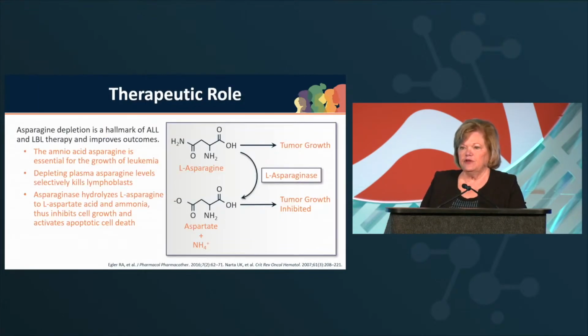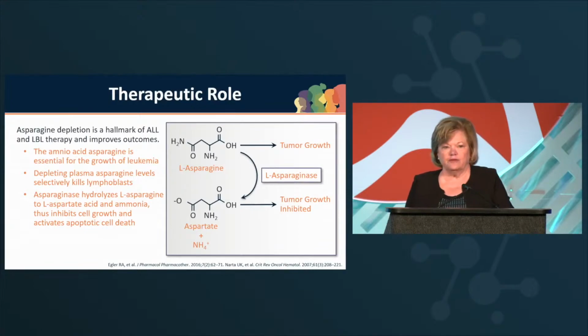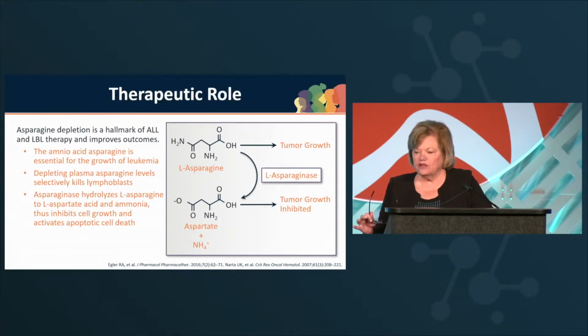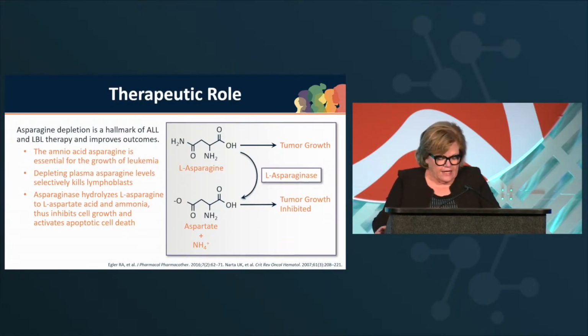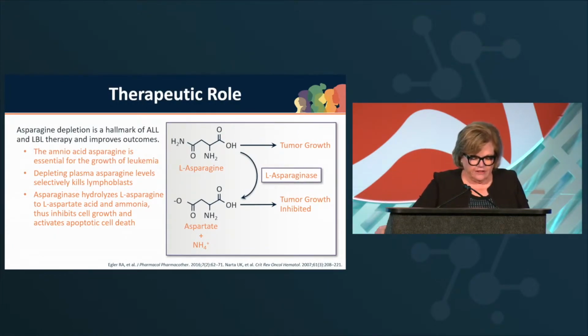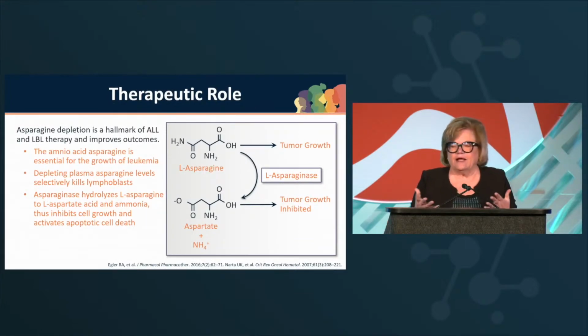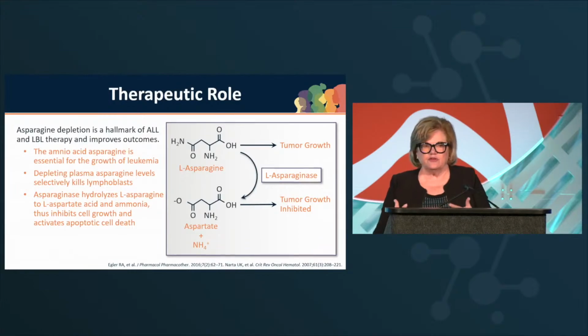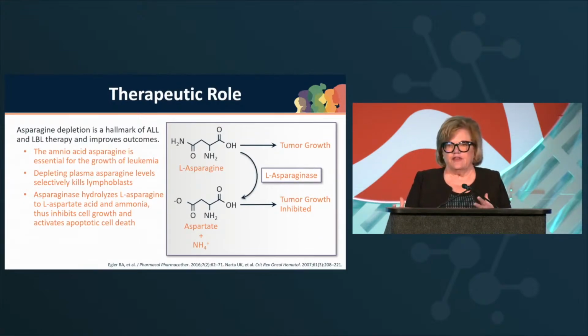So the therapeutic role of asparaginase in the treatment of ALL is really fascinating when we think about what asparaginase does. Asparagine is an amino acid that's needed by all cells. It's needed by our normal cells, but our normal cells actually synthesize their own asparagine.